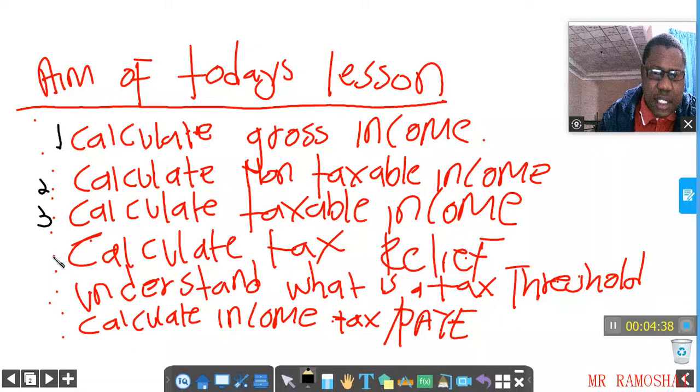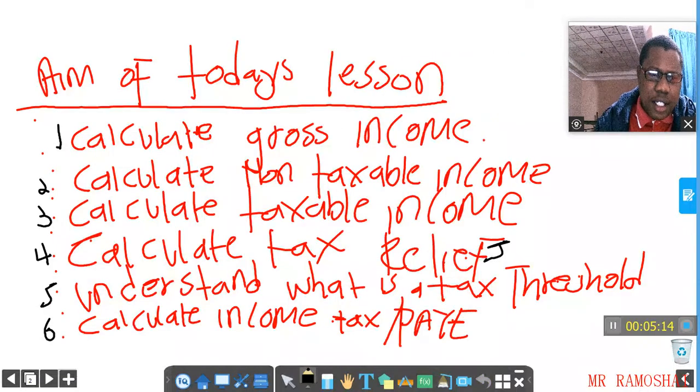Number 3, the taxable income. Number 4, the tax reliefs. I think I must put an S here because it's not one. Number 5, we're going to understand what is a tax threshold. Then number 6, we're going to talk about how to calculate the income tax or the PAYE, pay as you earn, in this order.